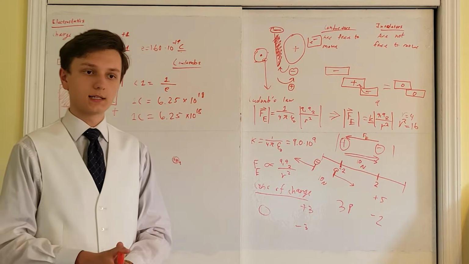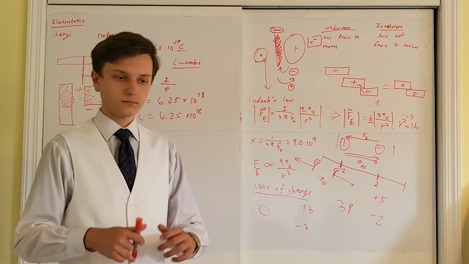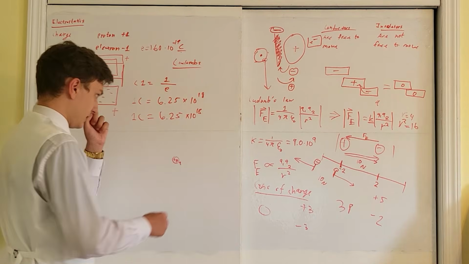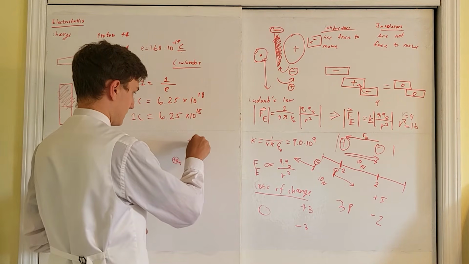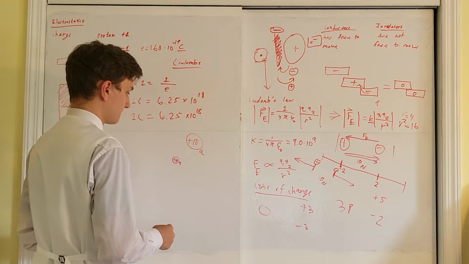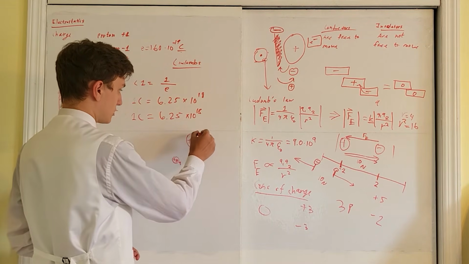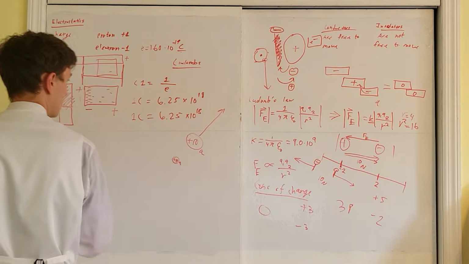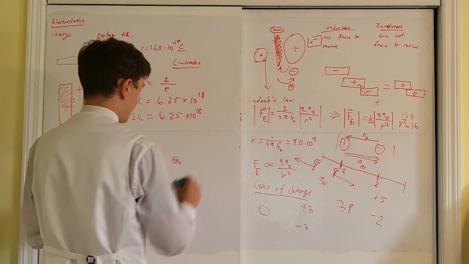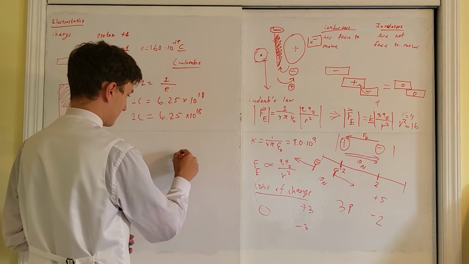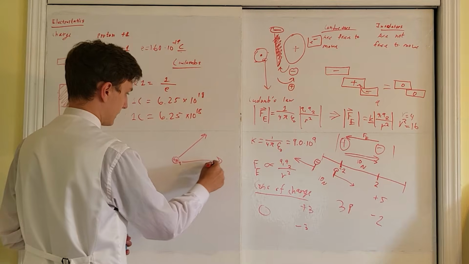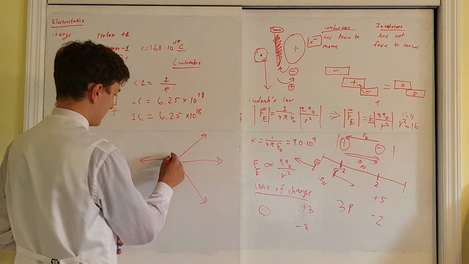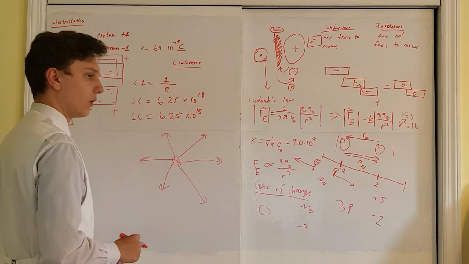We say that the positive direction is the direction in which a positive charge would move. Which means if I were to place a positive 10 coulomb charge right here, that being a positive charge would move in this direction because it is being repelled by the other positive charge. Therefore, we can say that the electric field vector coming from this charge radiates outward like this. Just like the gravitational field, it radiates outward in 3 dimensions in all directions.